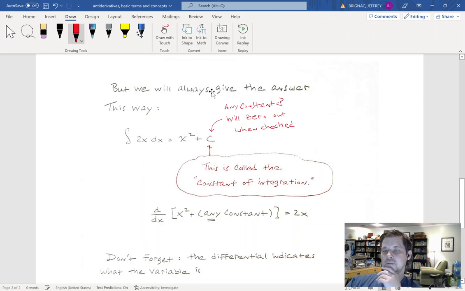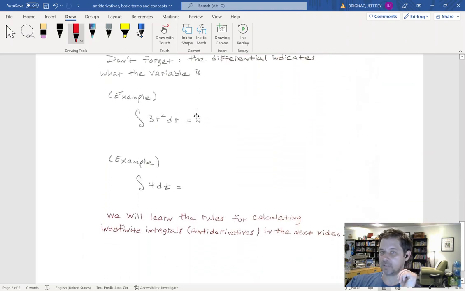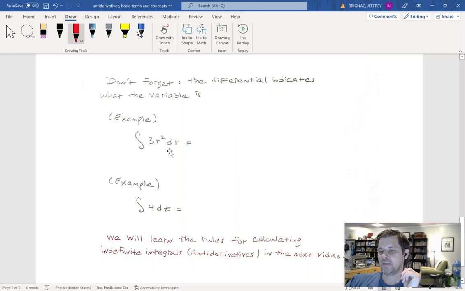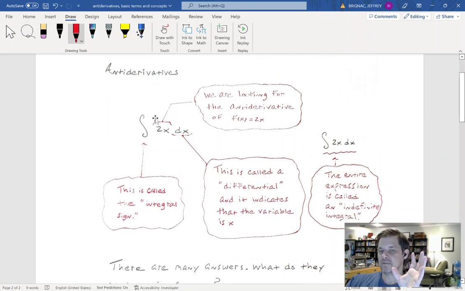Okay, now, so that's one of our most basic and fundamental ideas about antiderivatives. Let's emphasize one more point though. Remember, this thing right here is called the differential. So let's think about all the parts to this kind of problem. We got this thing that is called the integral sign, and it tells me I'm looking for an antiderivative.